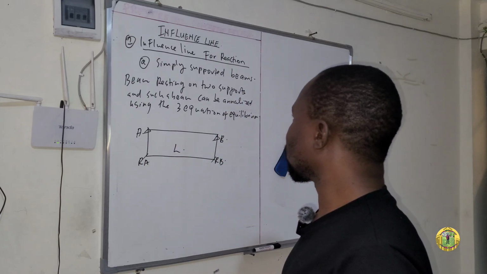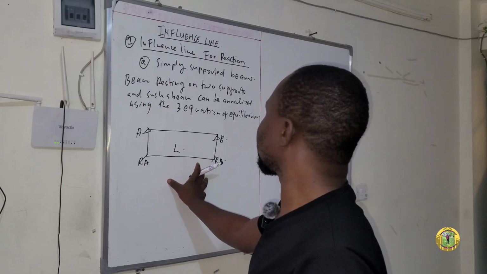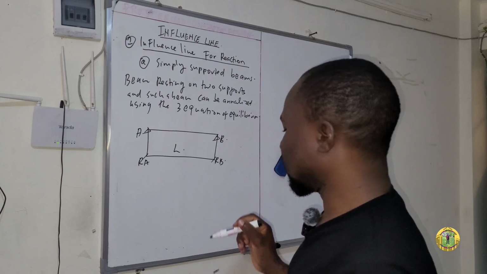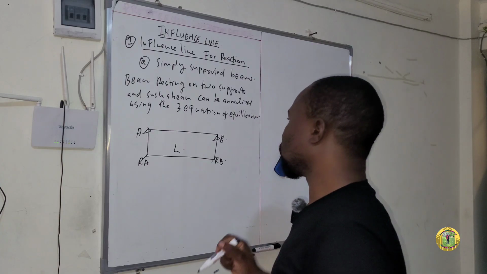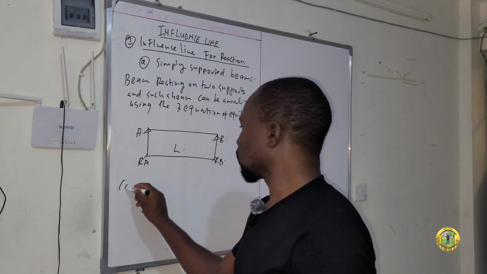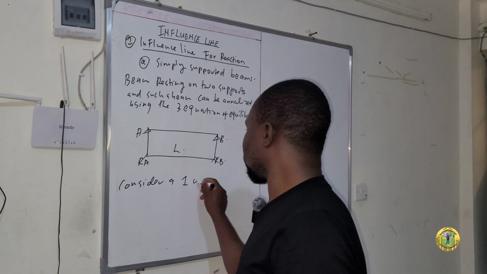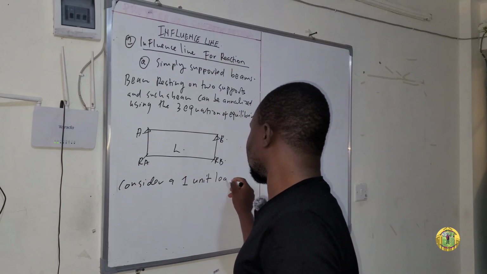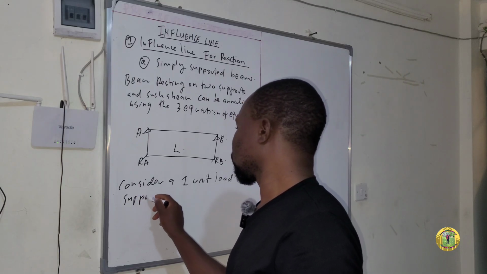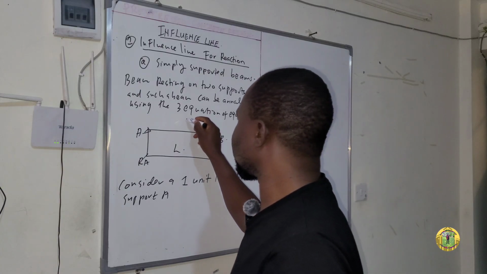To analyze this beam and determine its reaction using influence line, you will consider a 1 unit load from support A. So we assume our unit load is at this point.